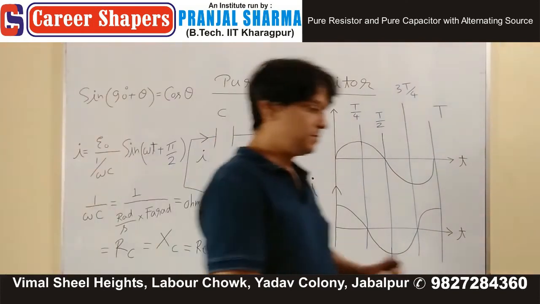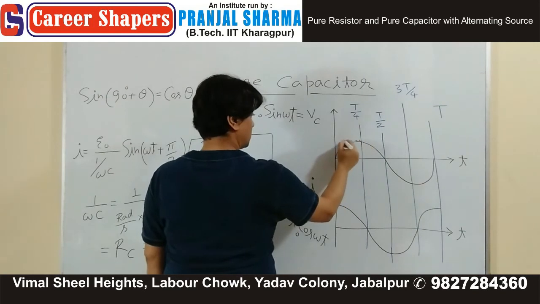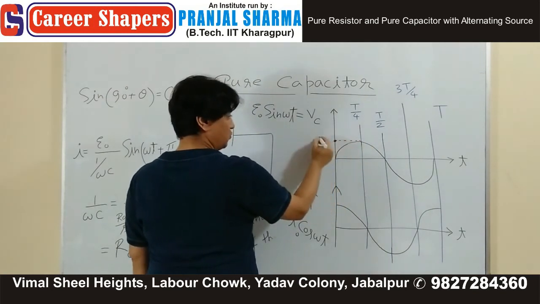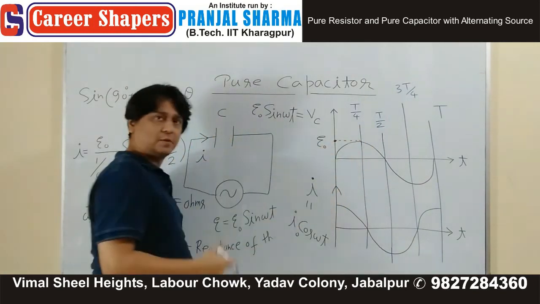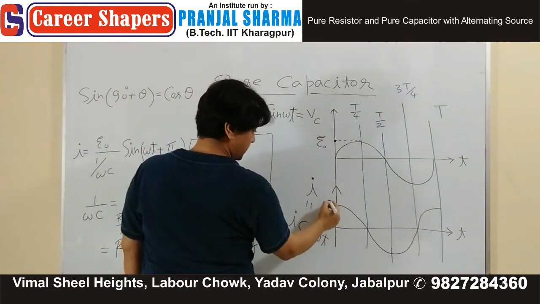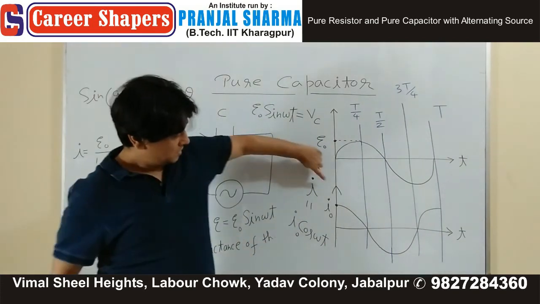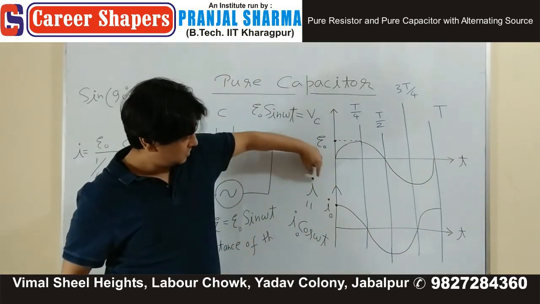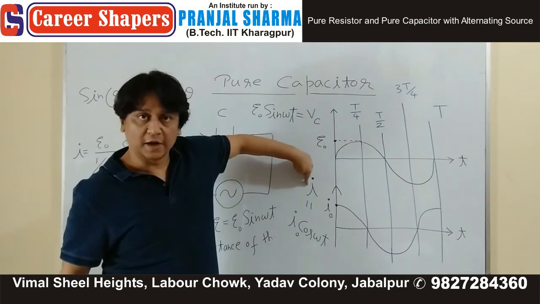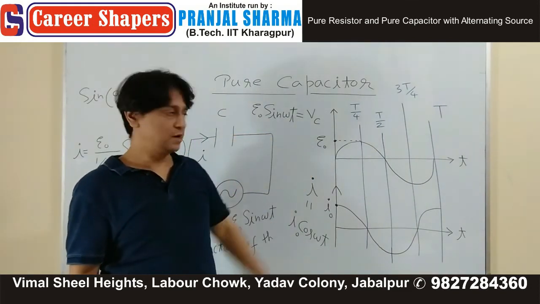And these are peak values. This one was E naught maximum. This was I naught. For your understanding, I have written I as I naught cos omega t.